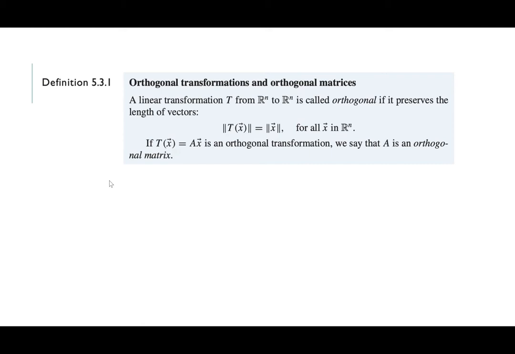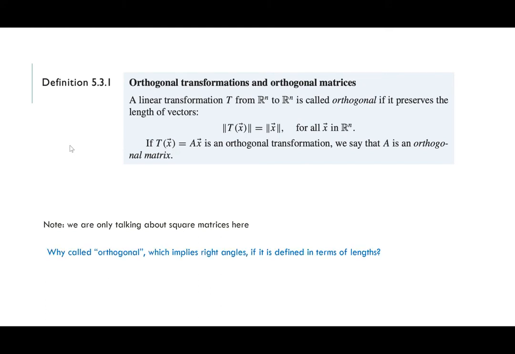And let's just say right away that we know that we're only talking about square matrices here, and that's just because by definition, we're talking about linear transformations from Rn to Rn. So it's not just enough to preserve length, it's got to be a transformation from Rn to Rn.